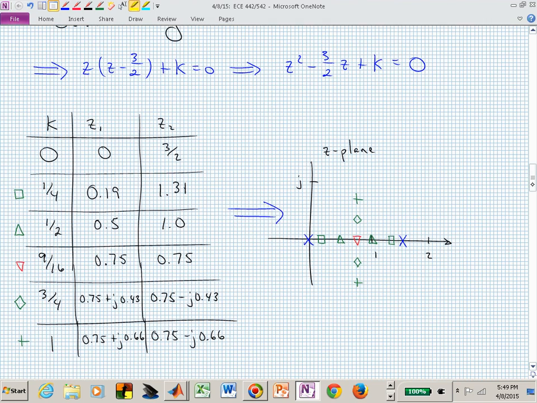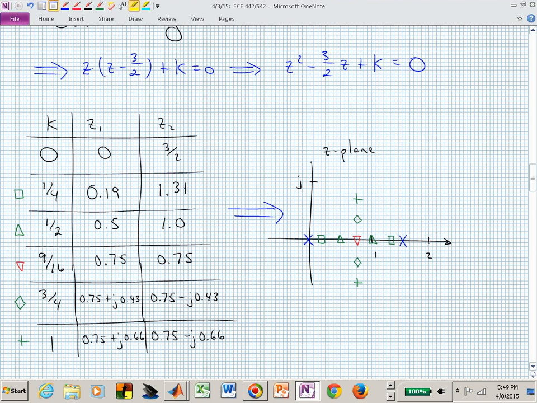Here I've tried to draw it or illustrate this numerically. I've created a table on the left, and I'm using this polynomial, z squared minus 3/2 z plus k. Is everyone comfortable with where that polynomial is coming from? That's the denominator of our closed loop transfer function.